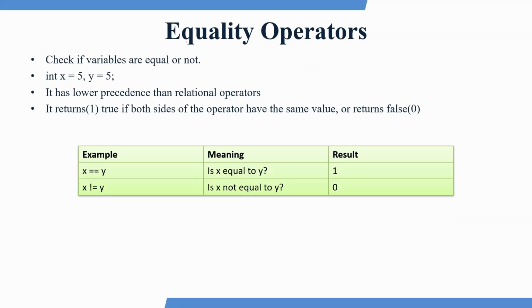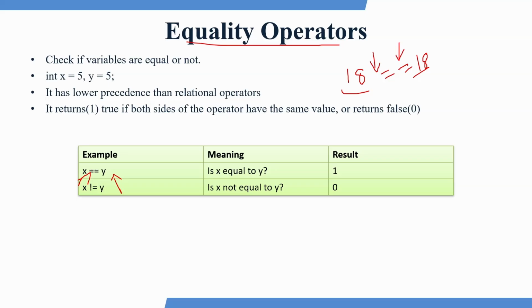The next one is the equality operator. This is also a kind of comparison operator. The equality operator is used to check whether the value on the left side is equal to the value on the right side. So I am going to check whether my age is equal to 18. For comparing equality, we have to use two equal symbols.